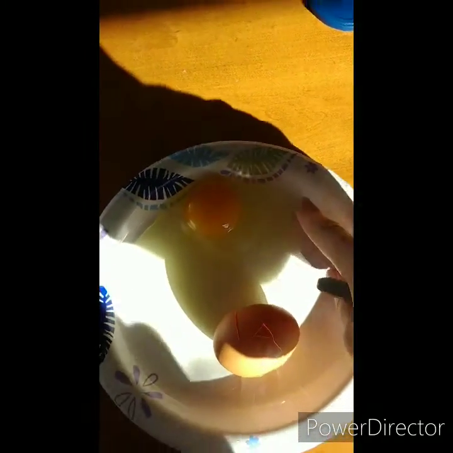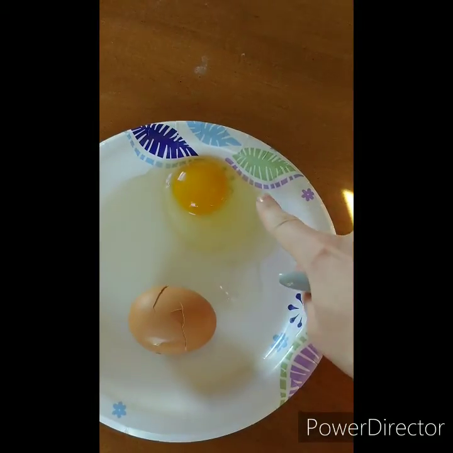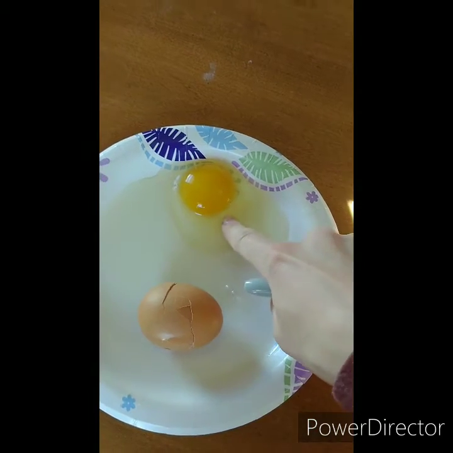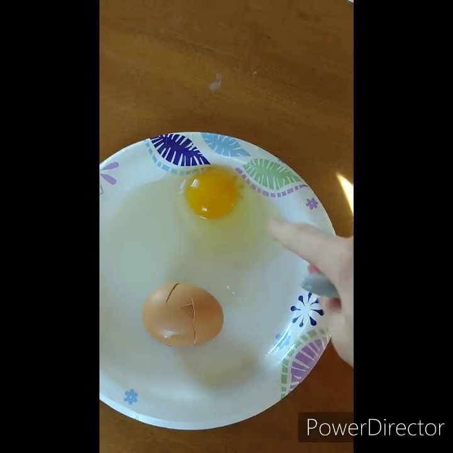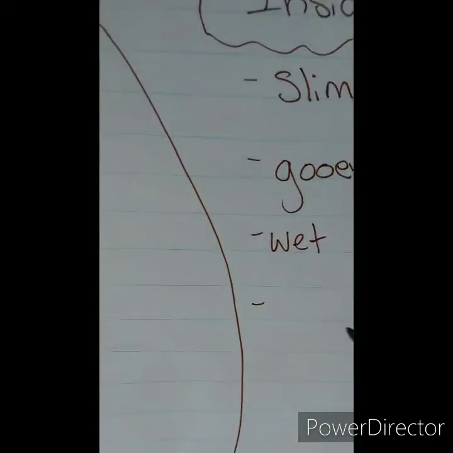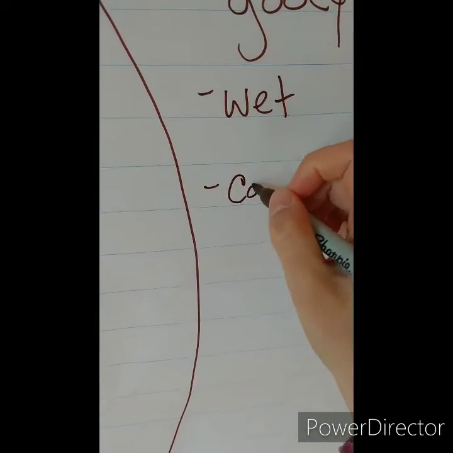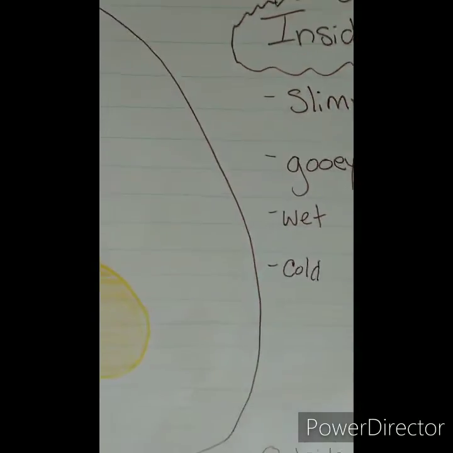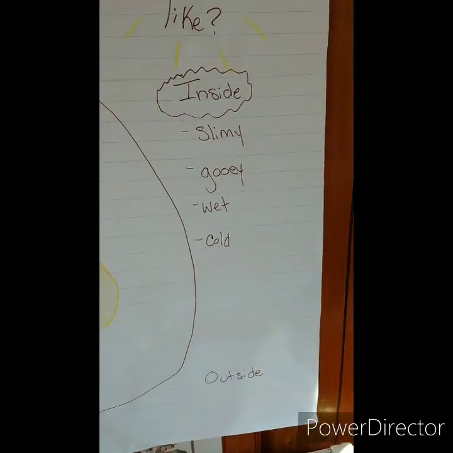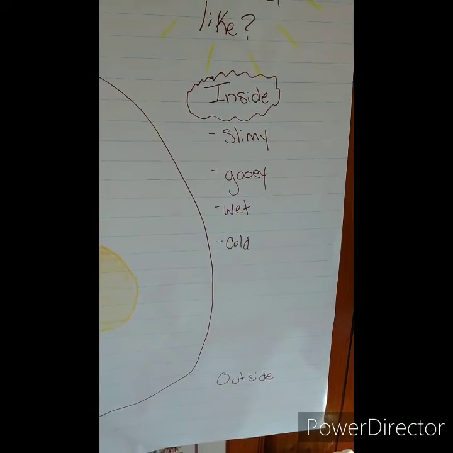Let's go back over and take another look at our egg. I'm going to get in there. There we go. Oh, remember I said it was also kind of cold as well. So let's go back over here and write the word cold. Now, friends, if you do this at home, you can come up with some words to describe your egg as well.